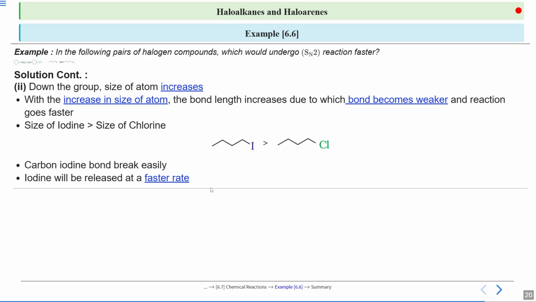So iodine will be released at a faster rate, and iodine will be acting here as a better leaving group. The rate of leaving of the iodine from the iodobutane will be faster, and you will get a site on which the nucleophile can attack. So the SN2 reaction will be shown by iodobutane much faster, due to the better leaving group present, that is iodine.